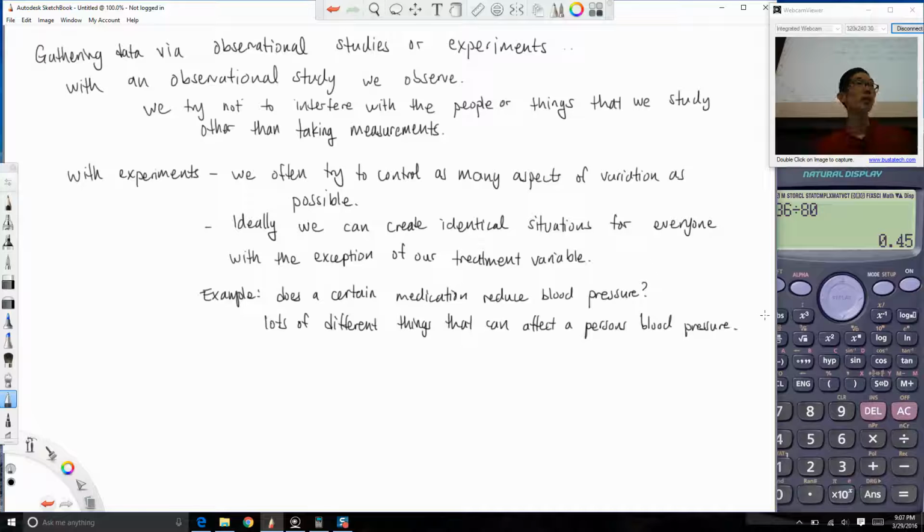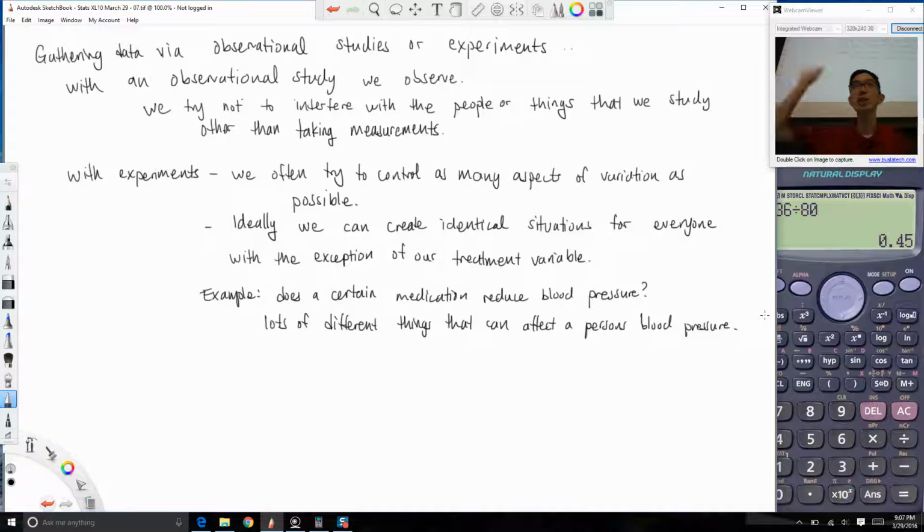What you don't want to do is give all of the men in your study the medication and all of the women the placebo. A placebo is the fake medication that doesn't actually do anything, but because our brains can psych ourselves out, we give people placebos.